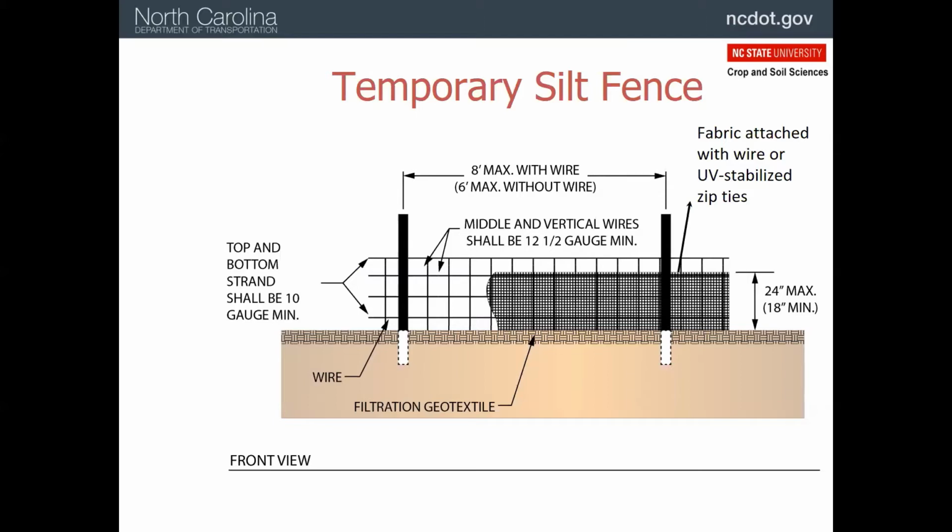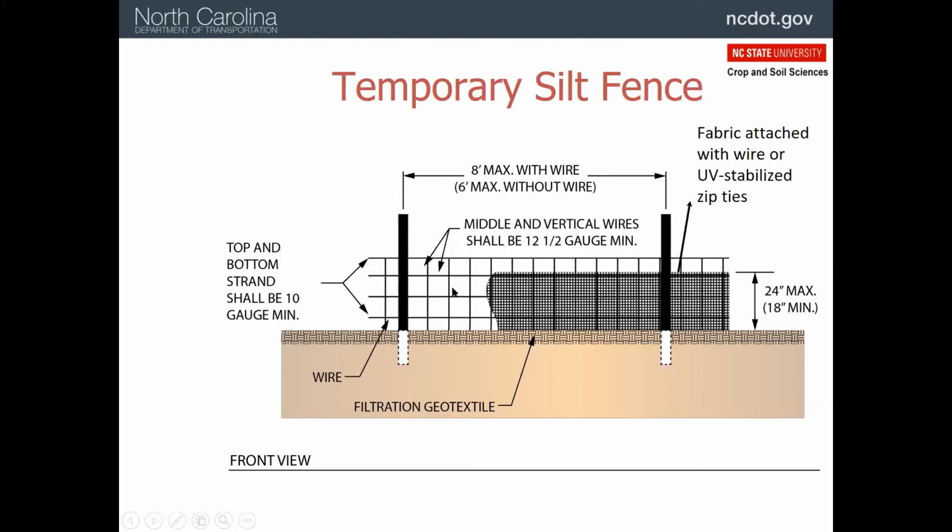So here's a diagram looking straight on. We have a steel post, and the steel post has to be 2 feet in the ground and generally 3 feet above ground. So 5-foot posts are the standard. They can be spaced 6 feet apart if there's no wire backing. That's what this mesh is here.